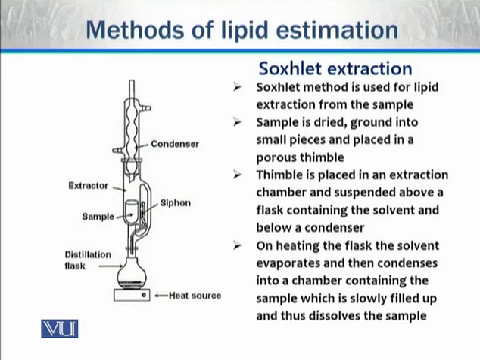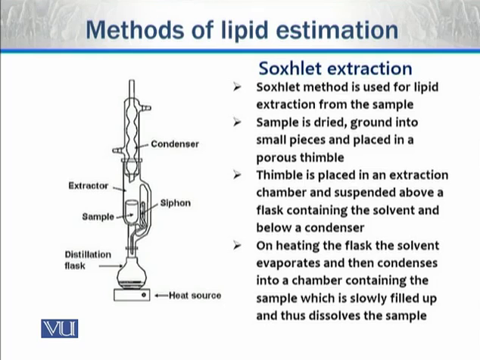And one can see here on the left side, the sample is placed in this small part. The thimble then is placed in an extraction chamber, and above this extraction chamber is a flask which contains the solvent, and this sample containing chamber is below the condenser, which can be seen in the diagram.